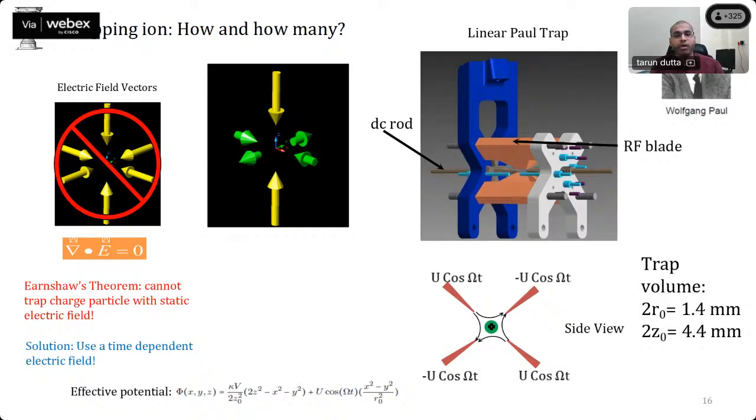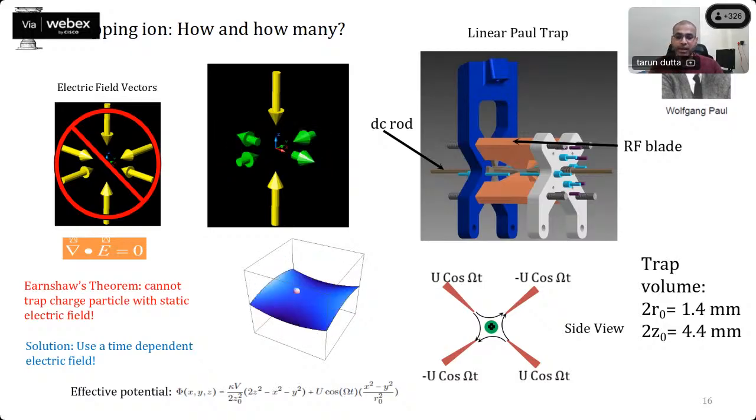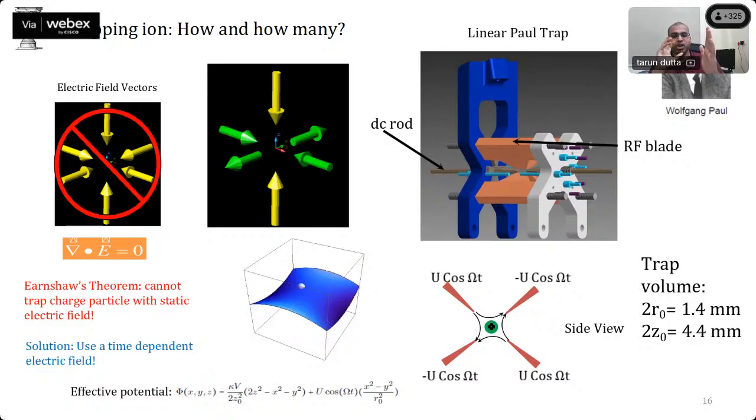Now, how does it confine the atomic ion? If you see the other animation on the left side, the ion is trying to get away. If you take a snapshot of this potential from the ion's perspective, when the ion sees the potential is lower, it starts to leave the trap.